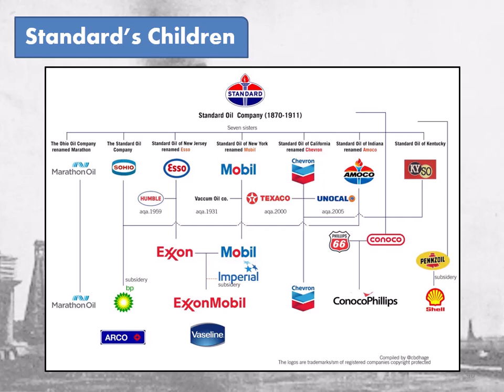The most important of these, you'll be familiar with many of them, are Exxon and Mobil, who are going to be the descendants of Standard Oil of New Jersey and Standard Oil of New York, but also Amoco, Chevron, and a whole variety of others are the result of the Supreme Court busting up Standard Oil in 1911.